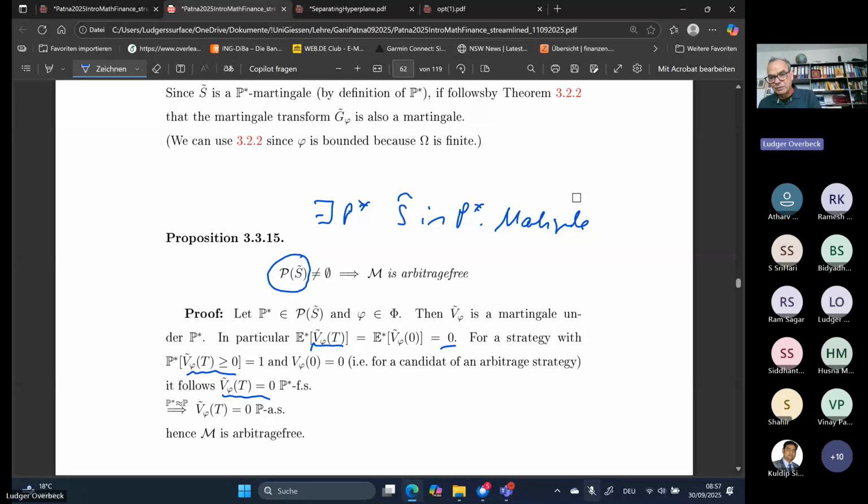And actually the economists buy into this argument, because they say if there is an arbitrage, of course there will be people seeing this arbitrage and trading into it, and after 100 trades the arbitrage is gone.